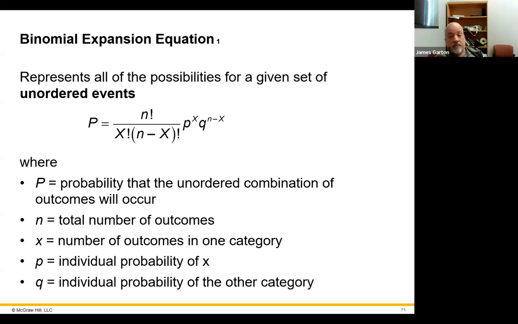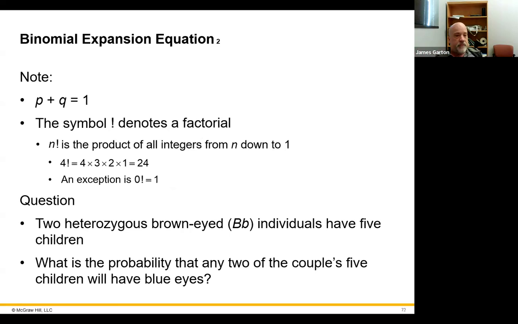P is the individual probability of outcome X, and Q is the probability of the other outcome. In population genetics, you can denote the alleles P and Q. P usually means the frequency of the dominant allele, and Q usually means the frequency of the recessive allele. If those are the only two alleles in the population, then they must add up to the sum total of all the alleles in the population.